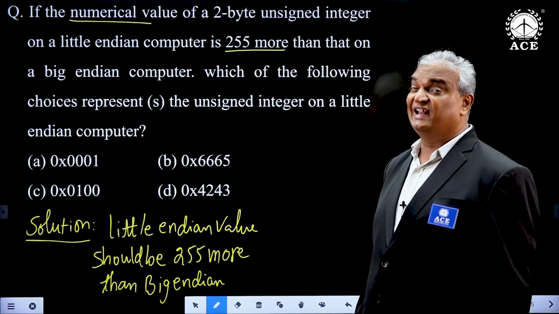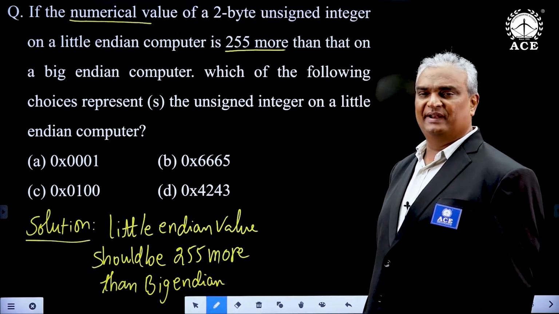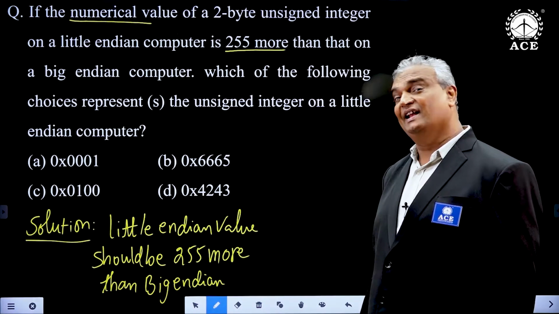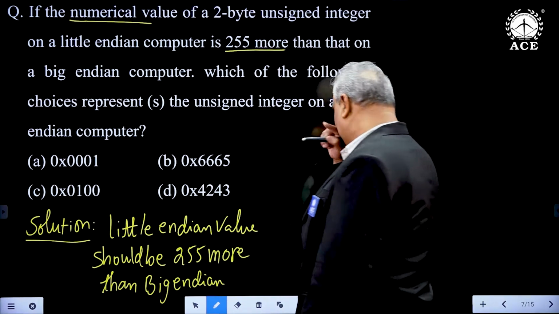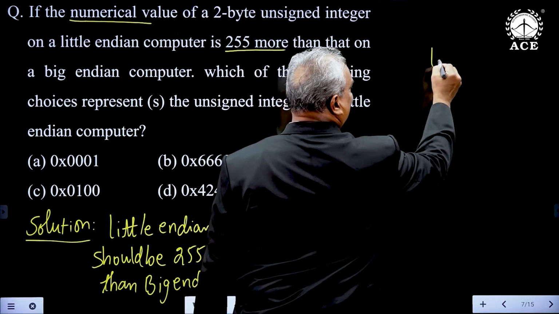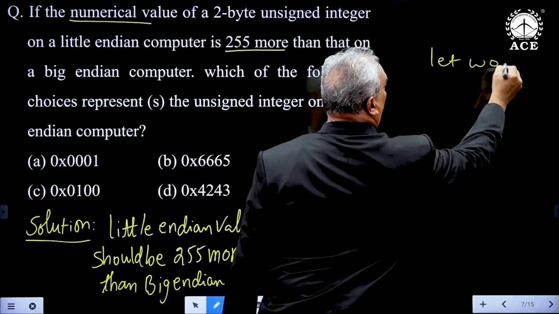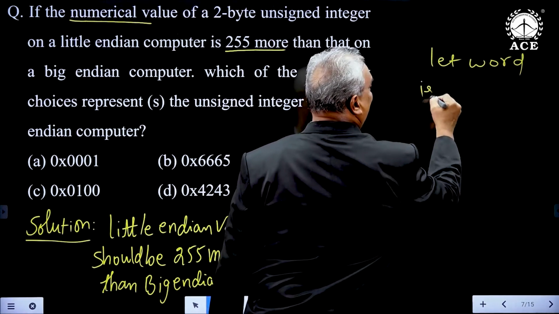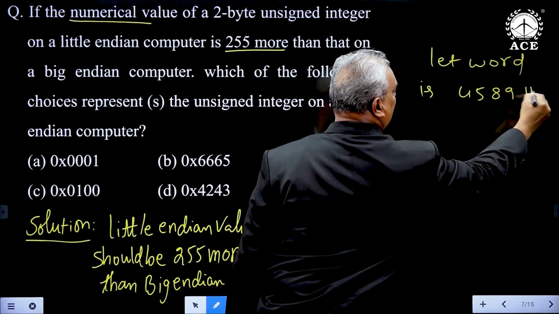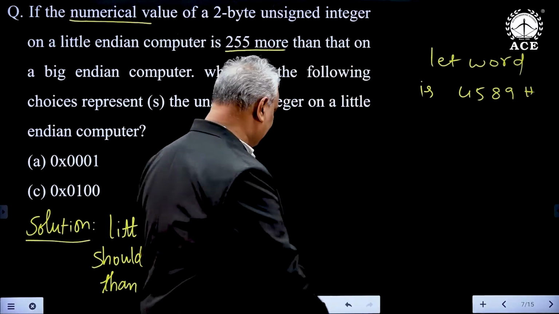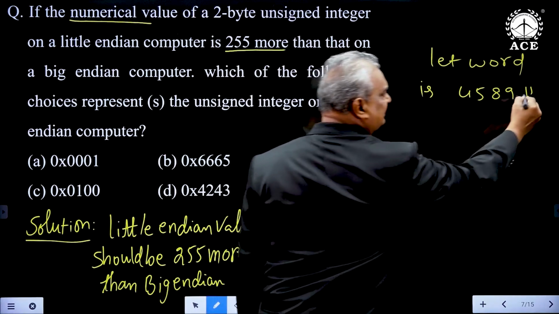Come to Intel company. Intel company uses little endian. What about little endian and what about big endian? Observe this. Let 4589H. What does H tell?